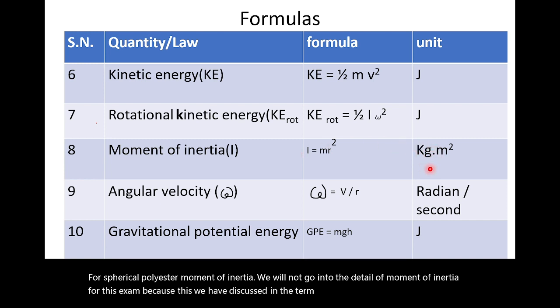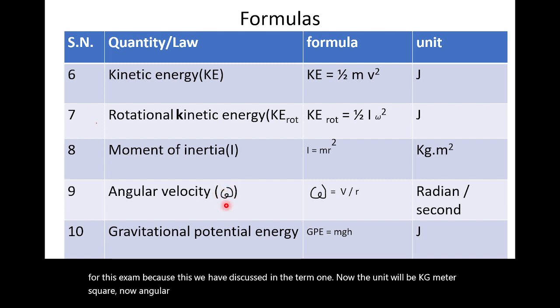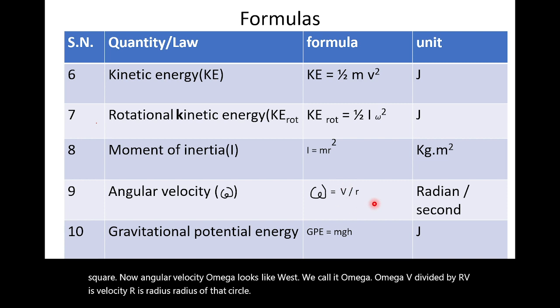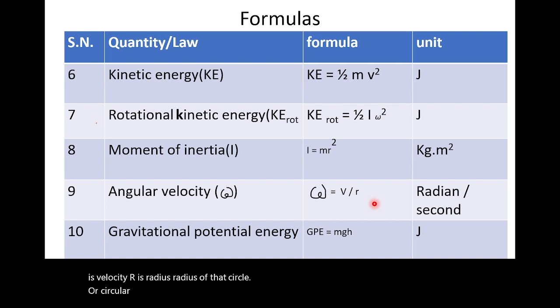Now the unit will be kg meter squared. Now angular velocity omega looks like W, we call it omega. Omega equals V divided by R. V is velocity, R is radius of that circle or circular path. Now the unit of angular velocity is radian per second.